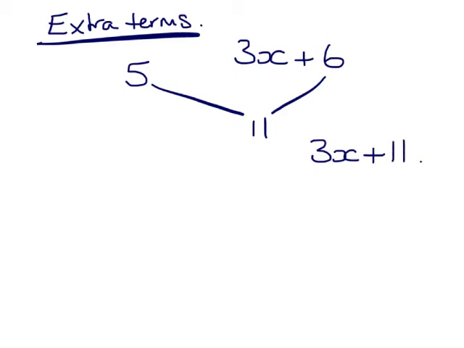Let's say we've got 4t plus 10. And there's an extra term floating about which says 3t. Which term out of 4t and 10 does the 3t go with?